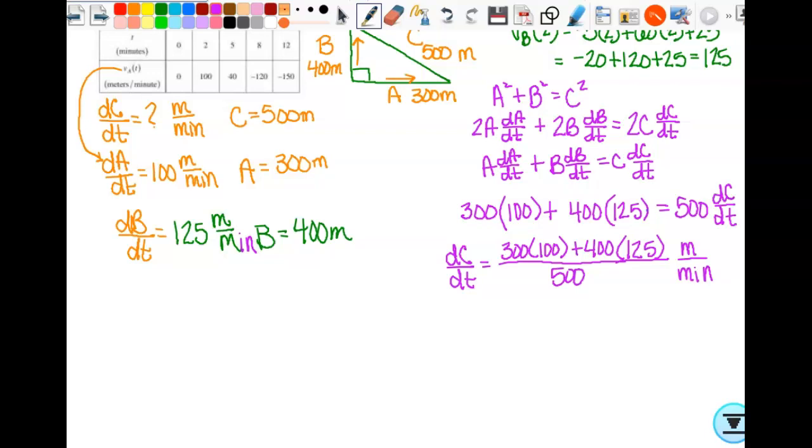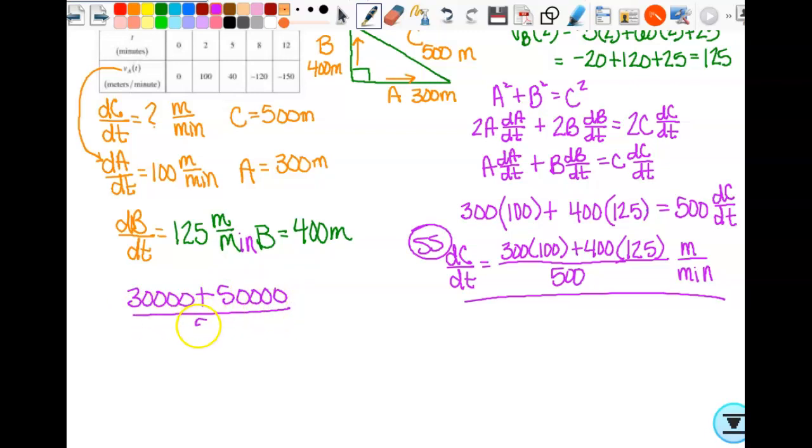Okay. We good? Any questions? All right, so let's go ahead and clean this up just for the sake of actually doing it. So 300 times 100 is going to be 3 with 4 zeros, right? Plus, what's 4 times 125? What's 2 times 125? 250. Double that again, you get 500, and then I add 2 more zeros on it, so it's 5 with 4 zeros, all over 500.